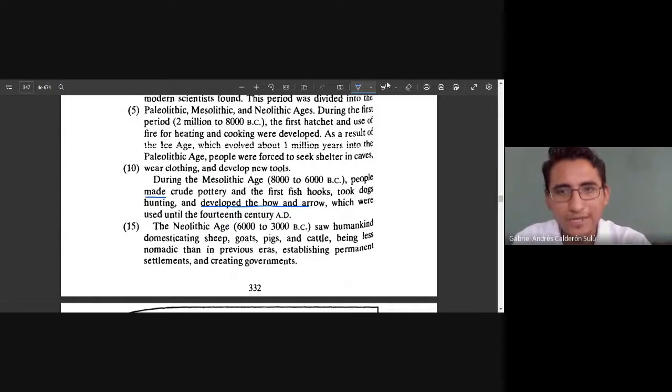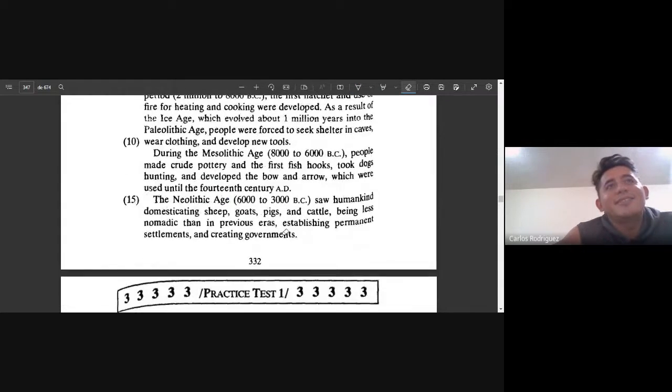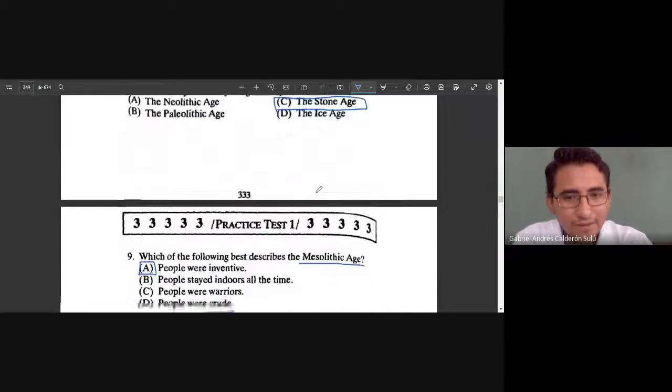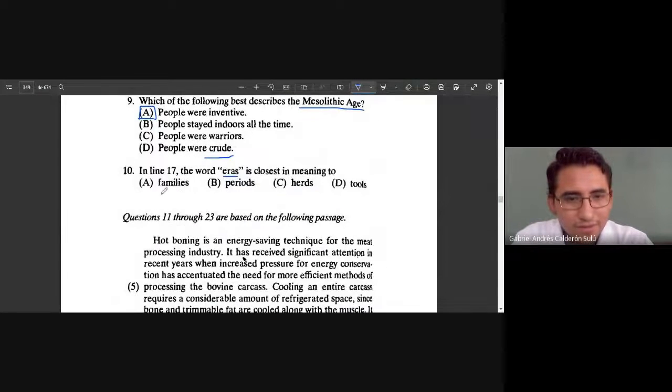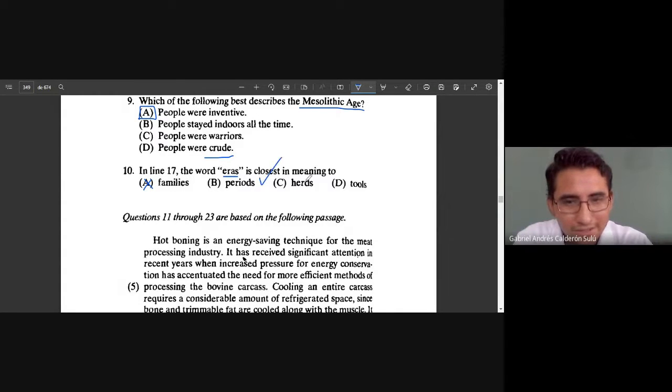Well, eras is like an age, like a step, etapas, for example. Like a stage. So families, no. It is B, periods, yes. Hertz, no, and tools, no.